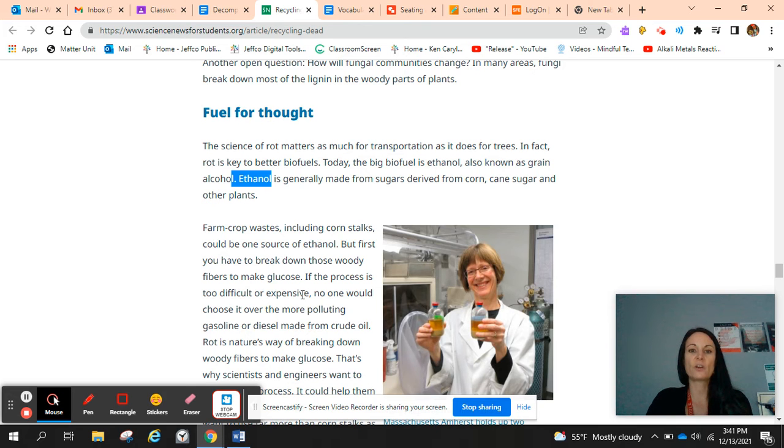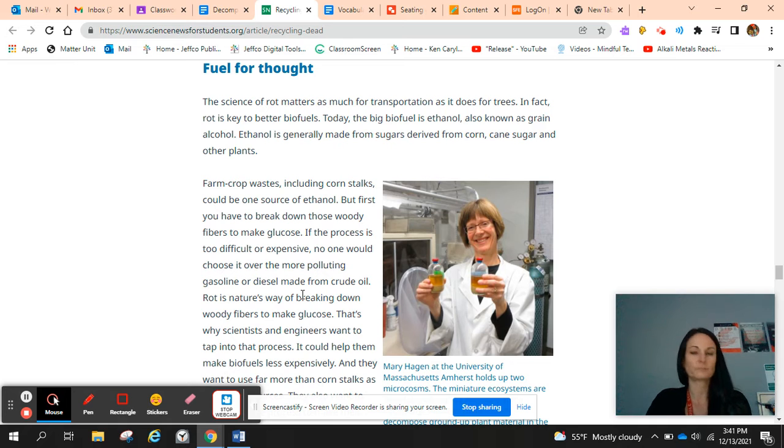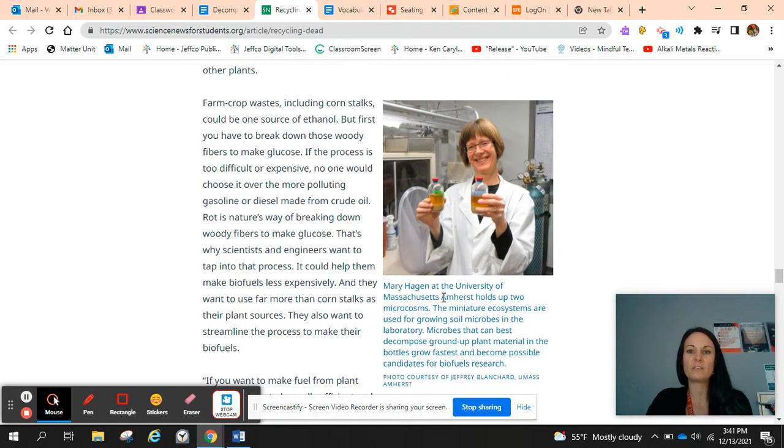So that is another example of what scientists are studying. You can see here there's a picture of a scientist, Mary Hagan. She's holding up two microcosms, is what they're called. They're miniature ecosystems, and they're growing soil and microbes and trying to see the best way that the ground up plant material is being decomposed the fastest and becoming a biofuel.